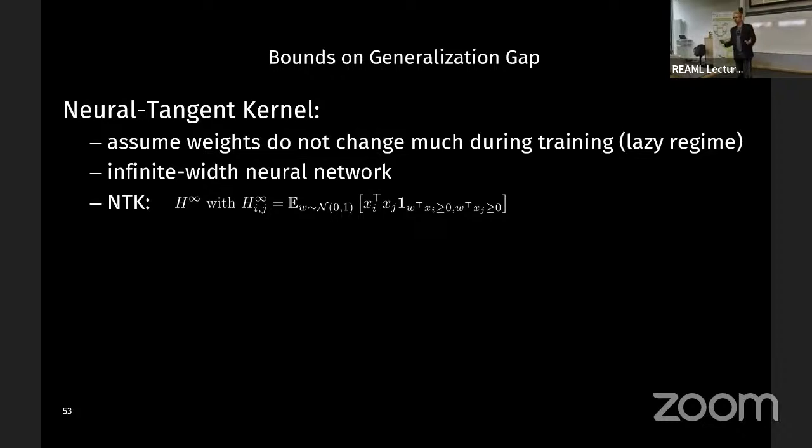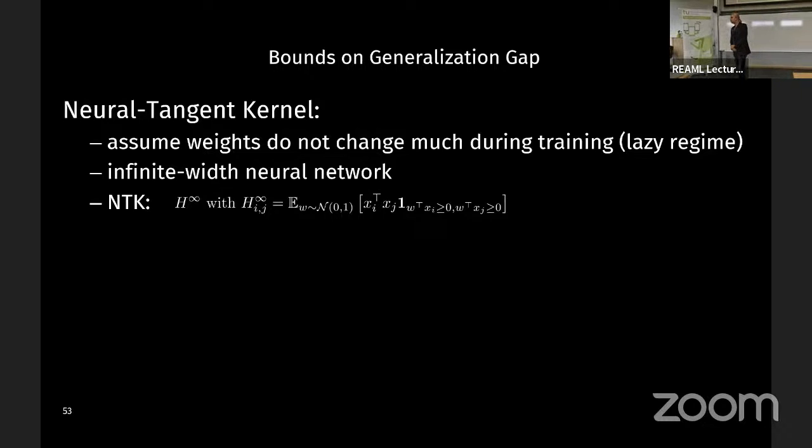Now, the neural tangent kernel is one way we can try to understand the learning dynamics of deep learning. What you assume is that you are in what they call the lazy regime, so your weights don't change much during training. And it seems to be the case that how you initialize your network determines whether you are in this regime.